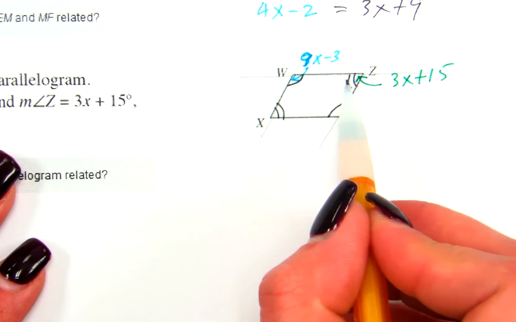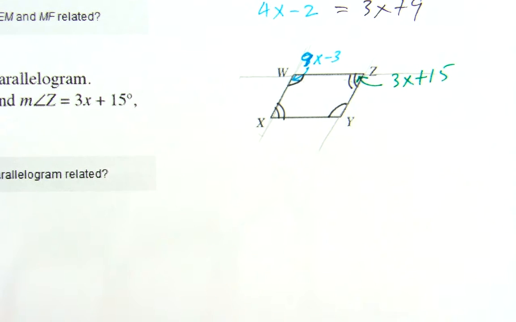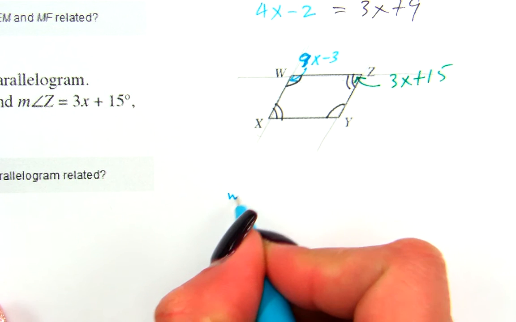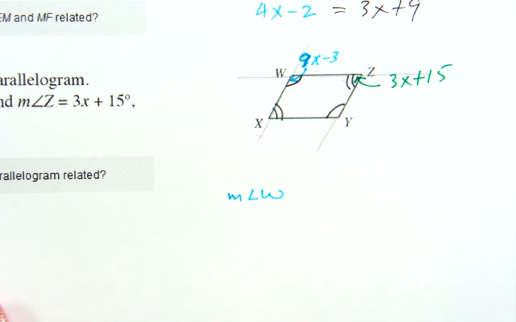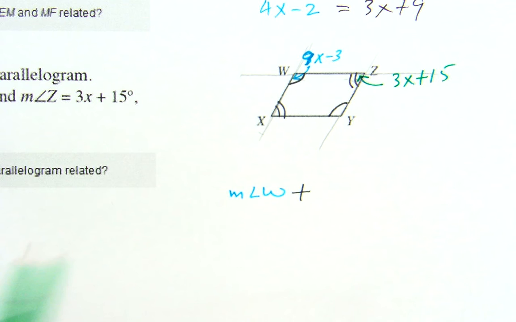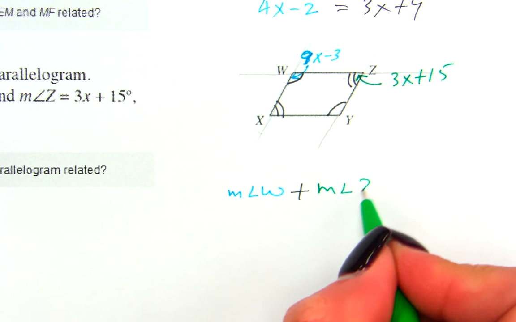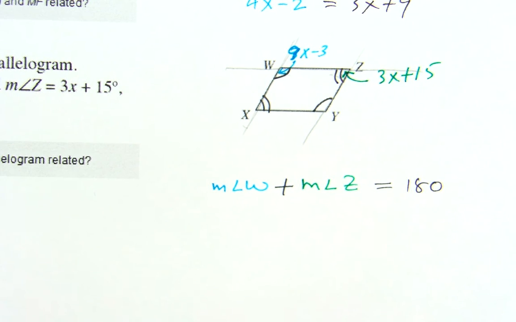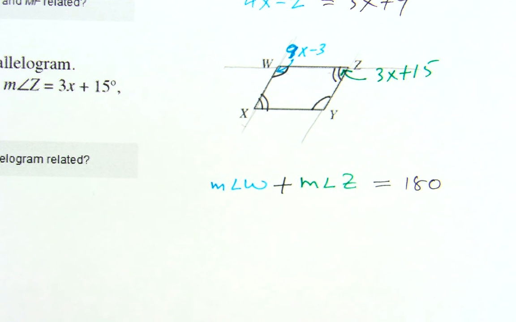So they will be supplementary, which means they will be equal to 180 degrees. So here we go. Measure of angle W, plus whatever the measure of angle Z is, should equal 180 degrees. They are same side interior angles.